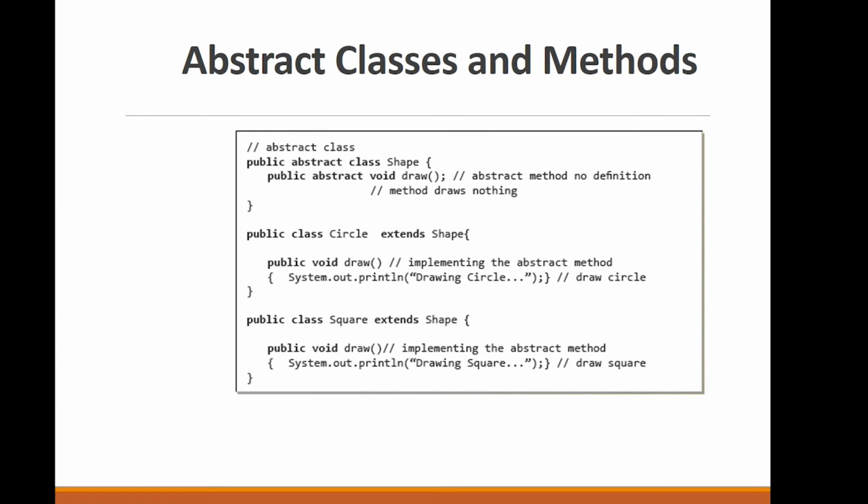Take note that since it is an abstract method, it should not have any statement to execute. You only declare that this method should be required in its subclasses. That is why when we extend Circle with Shape, we have draw.